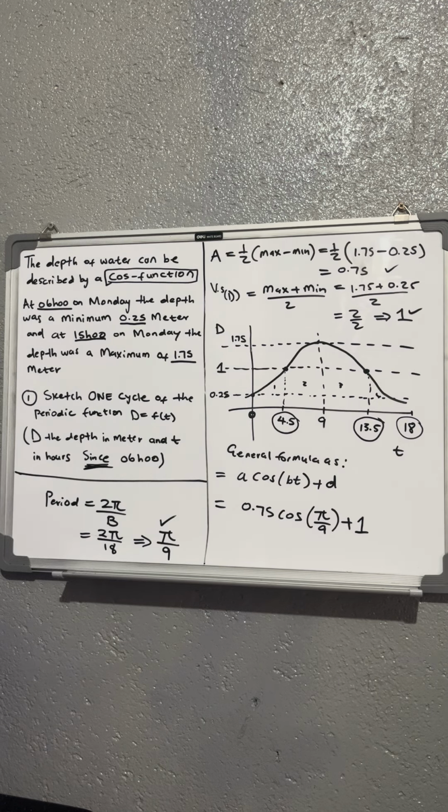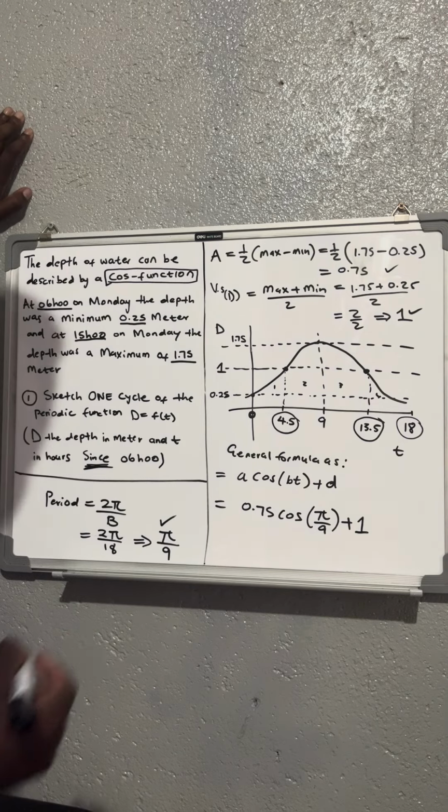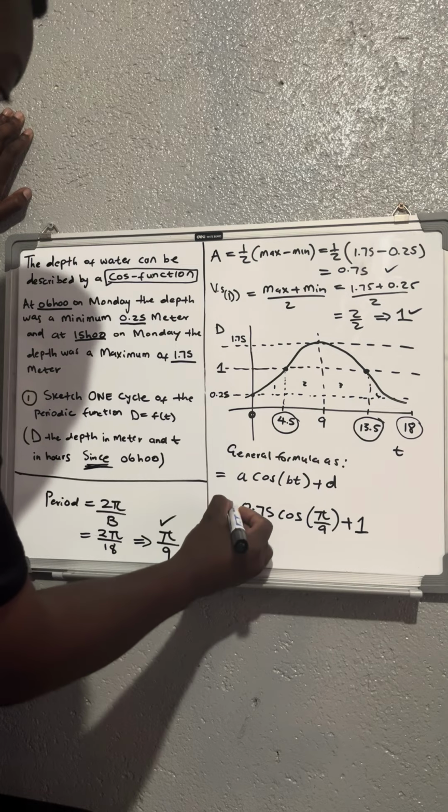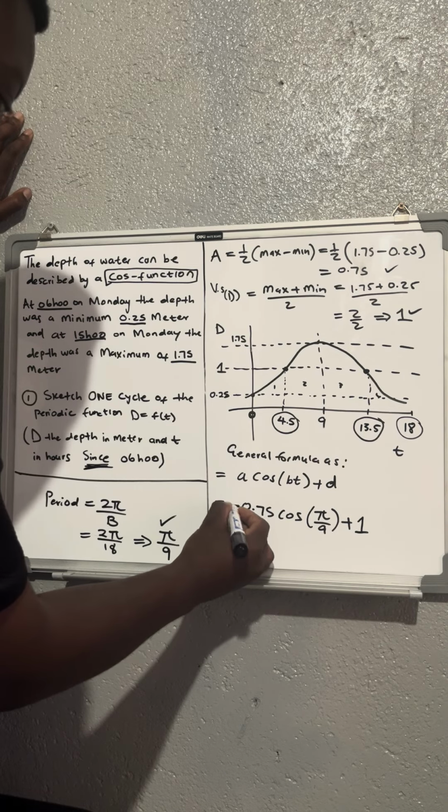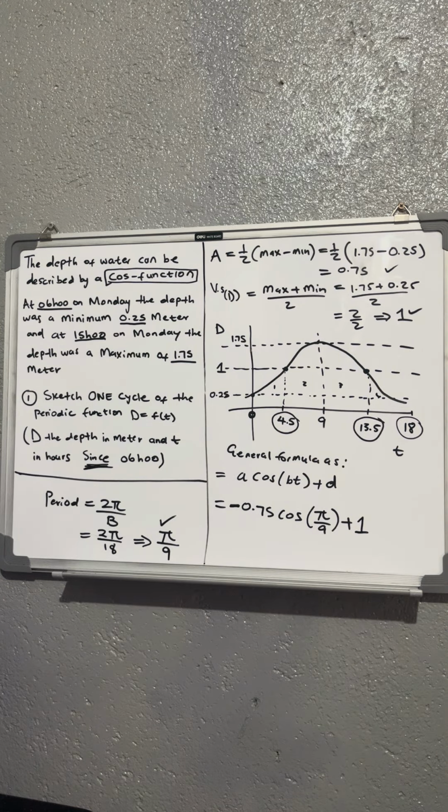And also remember those examples that I gave in the beginning when I was starting with the lesson. So now you're going to have minus 0.75 cos of pi over 9 plus 1.